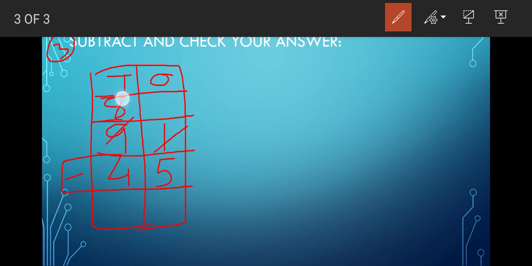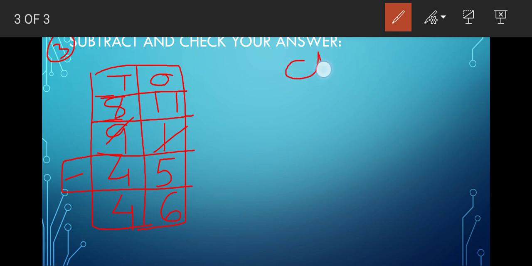So 9 will become 8 and 1 will become 11. So 11 minus 5 will be how much, children? Yes, it will be how much? 6, right? So 6, and here it is 8. 8 minus 4 will be 4. So how much you got? 46. That means 4 tens and 6 ones.